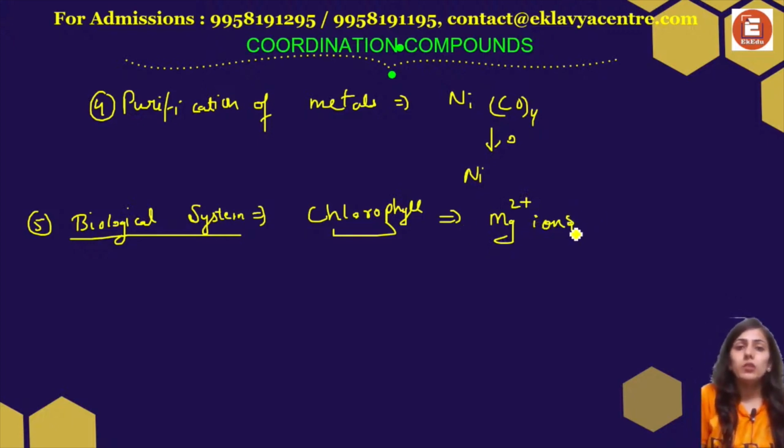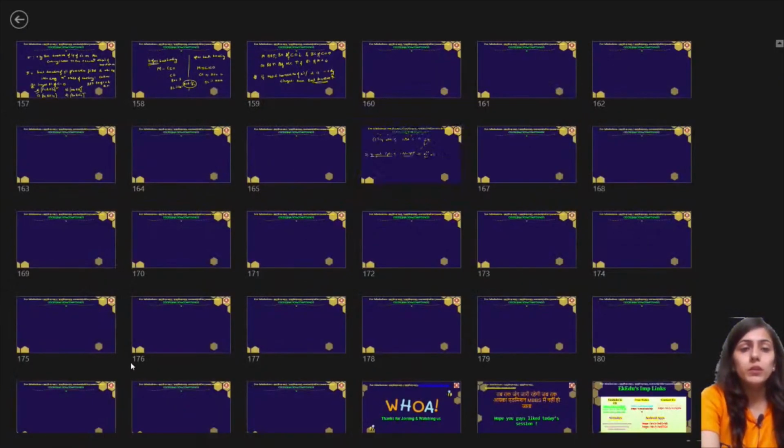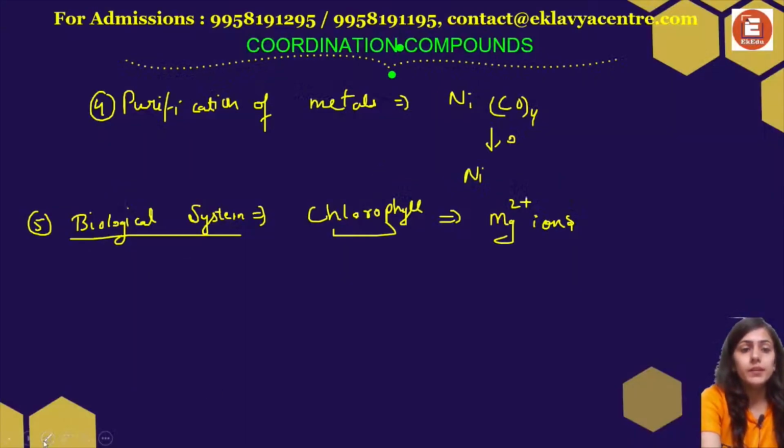I've told you the structure of porphyrin rings, but you don't have to remember any structure. As these ions are present, chlorophyll is itself a coordination compound.